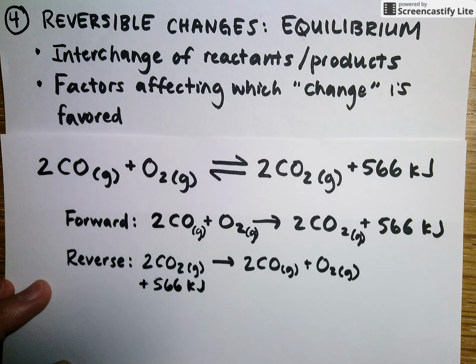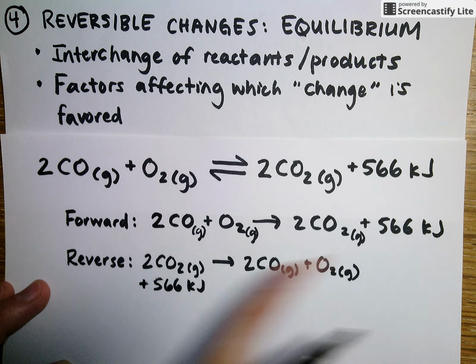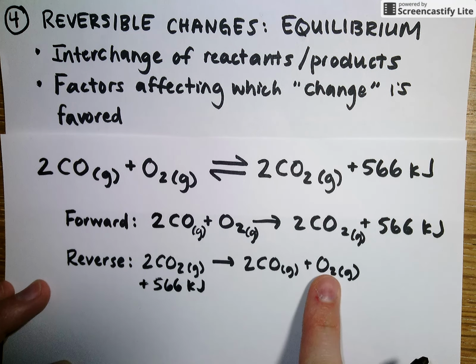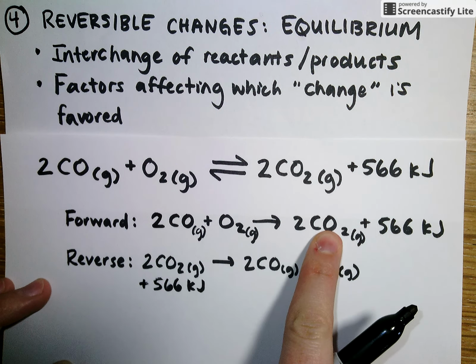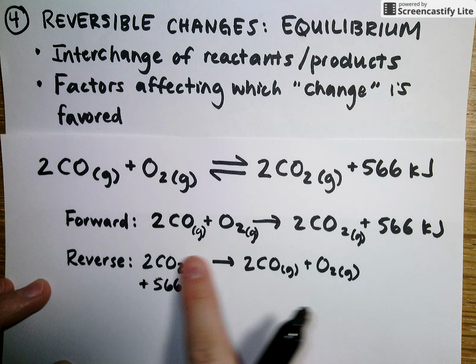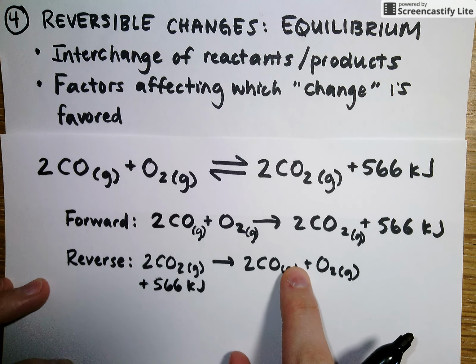So in a state of chemical equilibrium, what that really means is that this reaction and this reaction are taking place at exactly the same rate. As fast as this reaction is producing carbon dioxide, it's consuming it and turning it back into reactant particles.